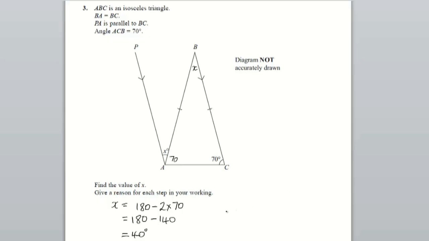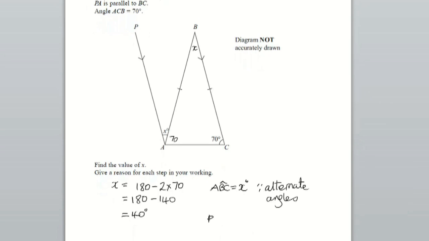What reason have we used? Well, we've used the fact that ABC equals x because of alternate angles, and we've got that BAC equals 70 because it's isosceles.